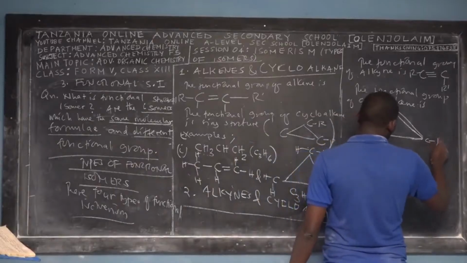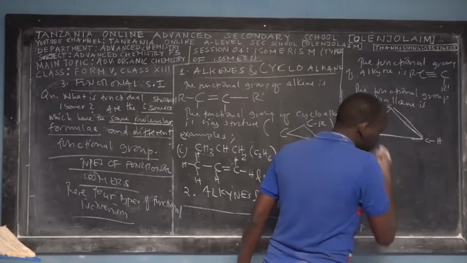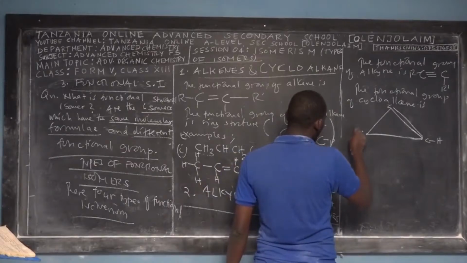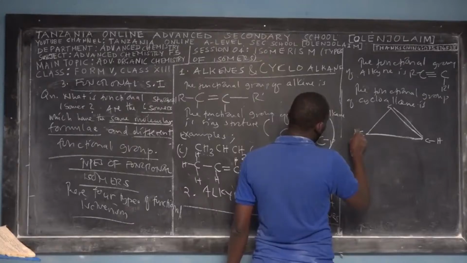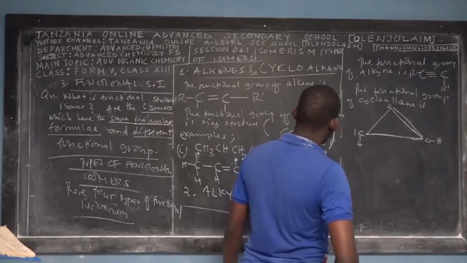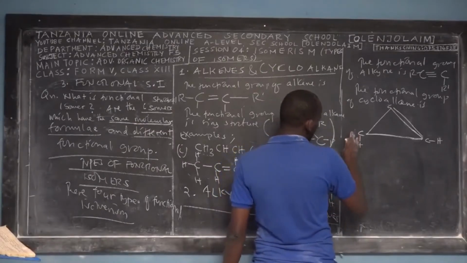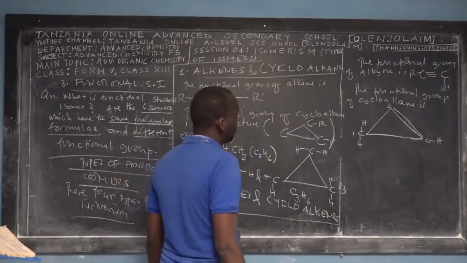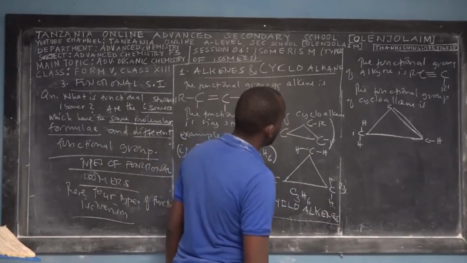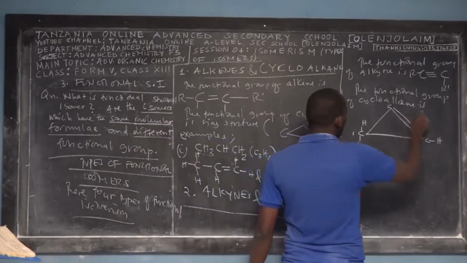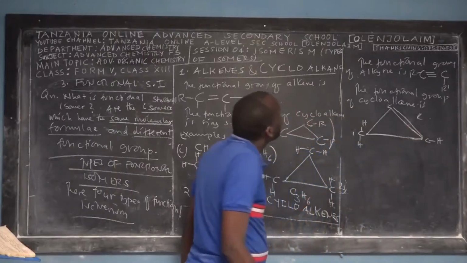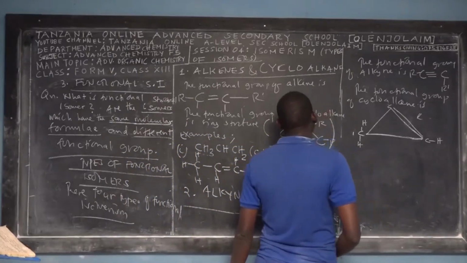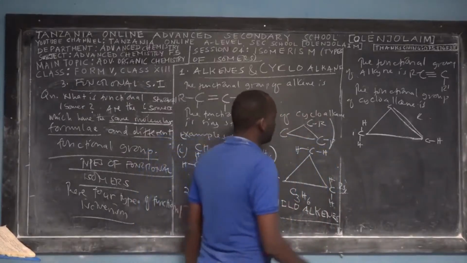In this one we have only one hydrogen. So this is the functional group that I've been describing, for cyclo compounds. Let me give you examples.